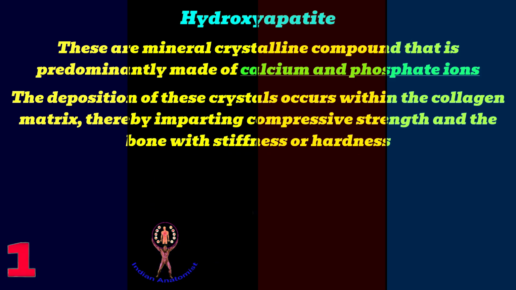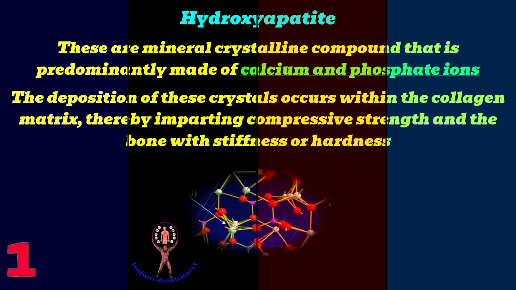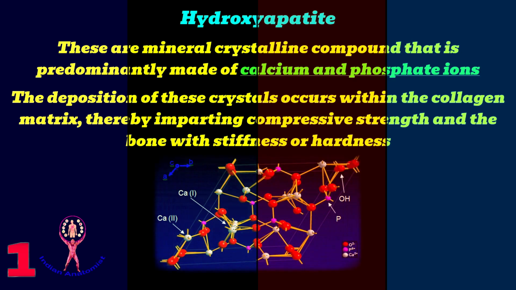The first inorganic compound is hydroxyapatite. These are mineral crystalline compounds that are predominantly made of calcium and phosphate ions. The deposition of these crystals occurs within the collagen matrix, thereby imparting compressive strength and stiffness or hardness to the bone.